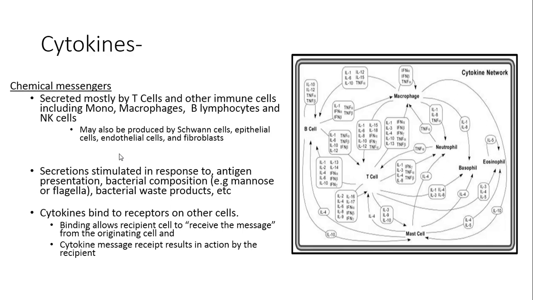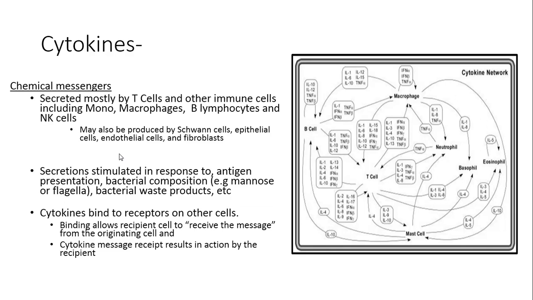So for example, a macrophage phagocytizes an antigen. They present the antigen peptide, and cytokines are released, which bind to receptors on B and T cells. Those then stimulate specific immune responses by B and T cells, and also some non-specific immune responses, such as inflammation, all from that same initial pathogen identification.